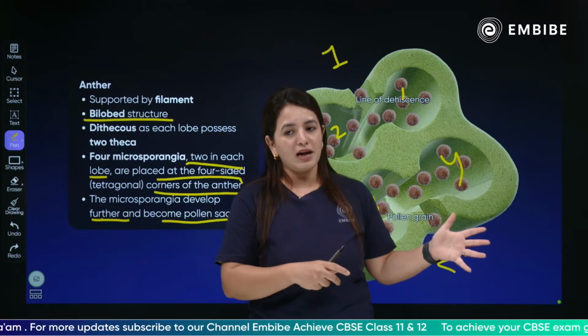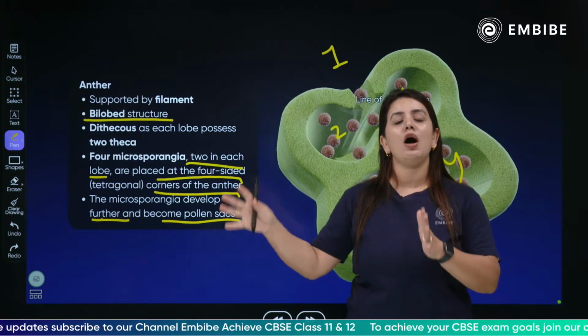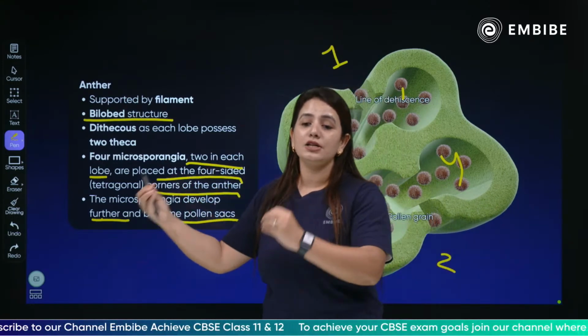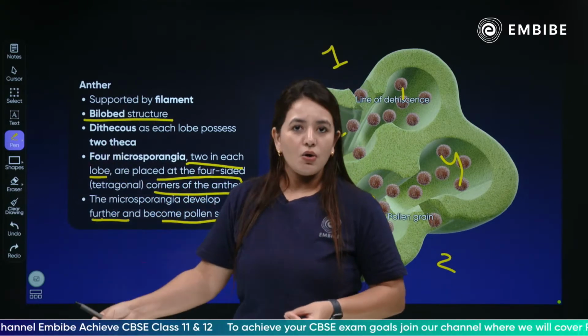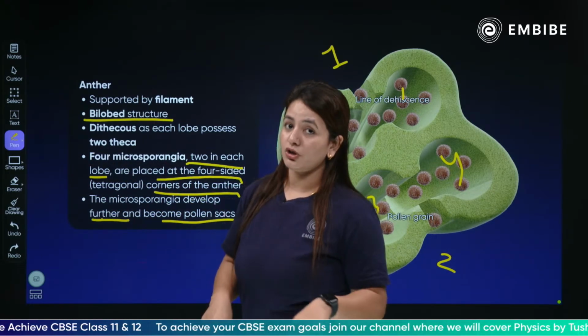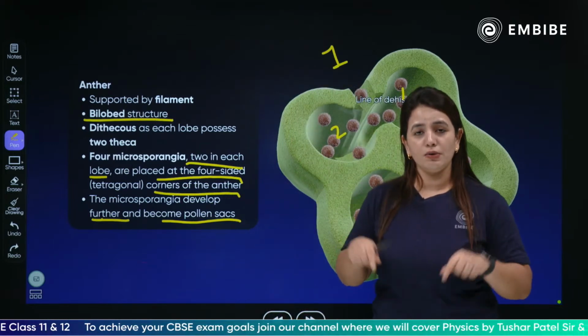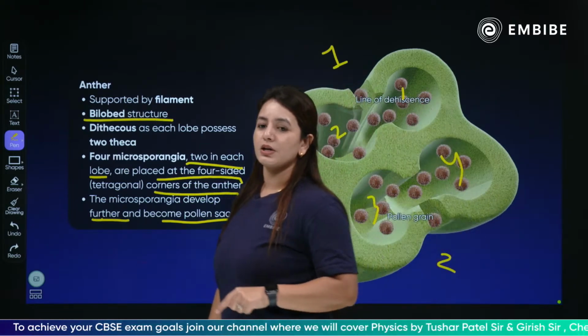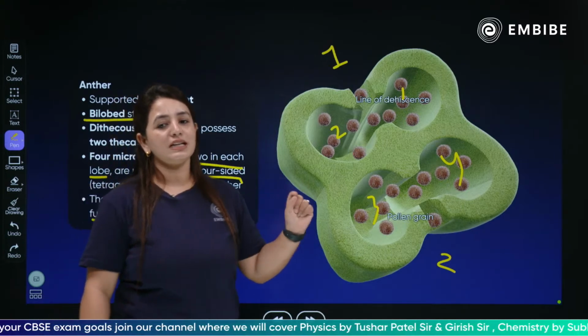So this microsporangia further develops into a pollen sac, which will give rise to pollen grains. Okay, because we're going to learn about microsporogenesis. So please wait. Today only, in this session, I'm going to explain what microsporogenesis is.